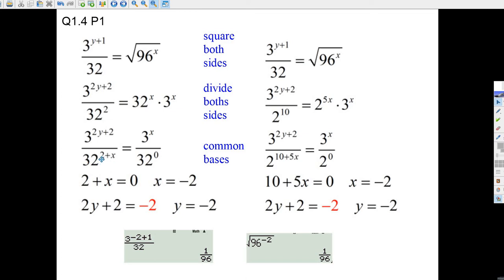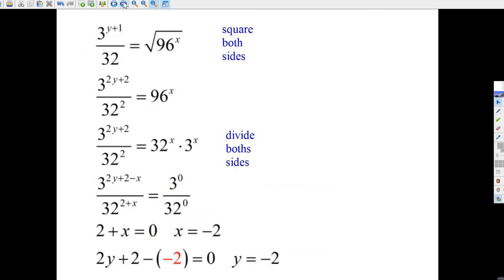You get this. Hey, 2 plus x equals 0. Same thing. This is a little bit easier to look at using the bases of 32 and 3. I did it a little bit differently here, but it's the same thing, using the factors 32 and 3.